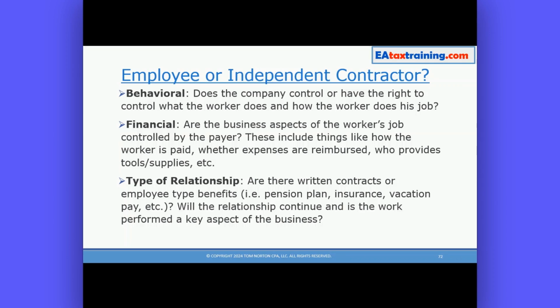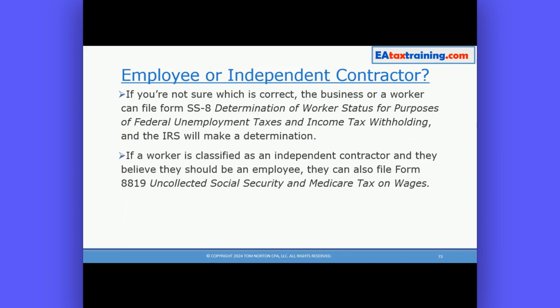So is there a pension plan or insurance or vacation pay, etc.? Will the relationship continue, and is the work performed a key aspect of the business? So those things are all considered. If you are not sure which is correct, the business or the worker can file a Form SS-8 with the IRS, and the IRS will make the determination for you.